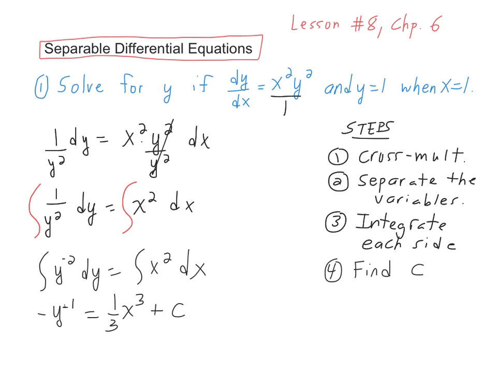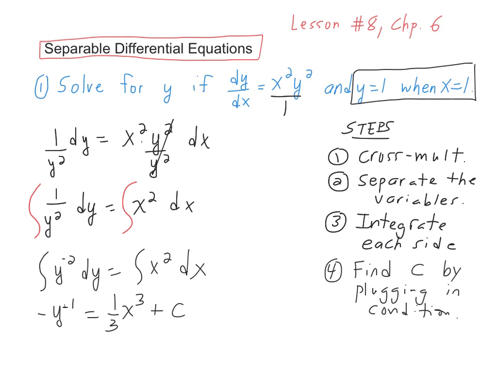So at this point you are going to find c in your next step. You're going to find c by plugging in the initial condition. So let's jot that down by plugging in the condition. Okay, so this is where we're going to just stop and plug right in. So the x value is 1 and the y value is 1.